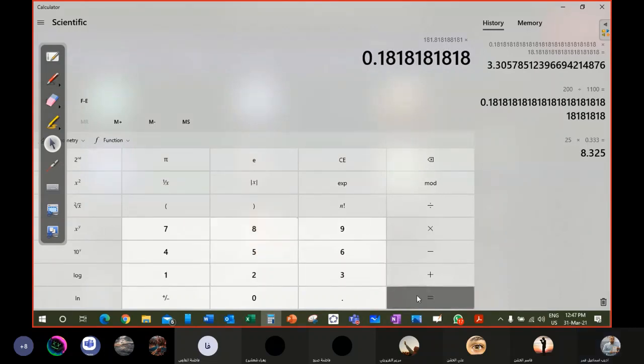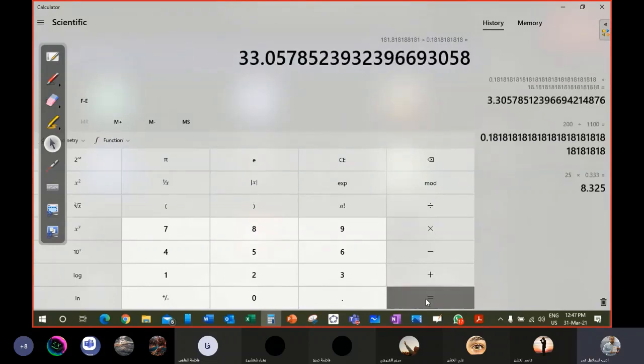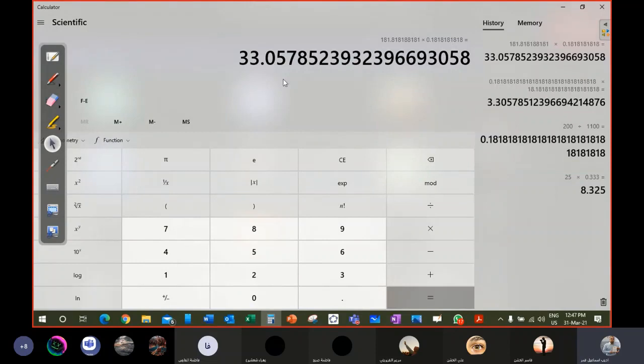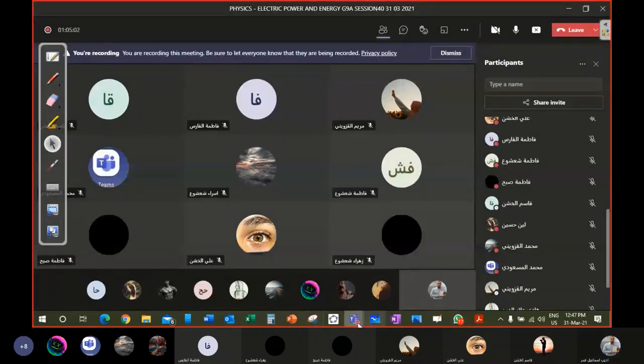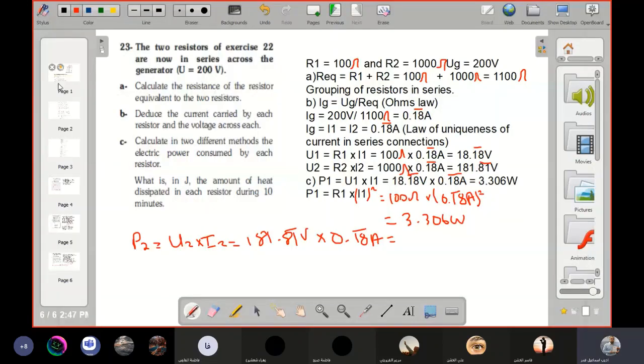I'm doing this to be more accurate. It will give 33.057, or 33.06, let's say. The answer is 33.06 watts.